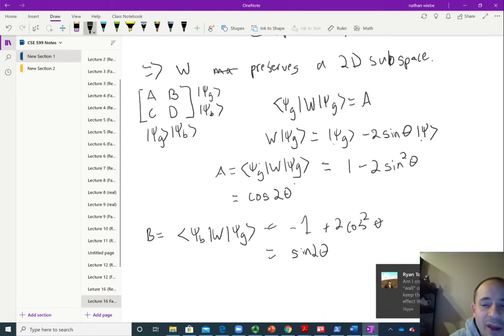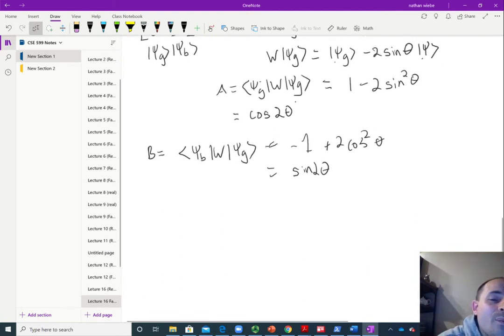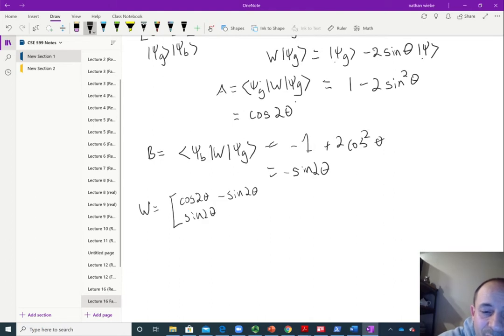Now, continuing this process throughout the rest of the matrix over here, what we end up with is the fact that the walk operator can actually be expressed as cosine 2 theta, minus sine 2 theta, sine 2 theta, cosine 2 theta, which is equal to e to the negative i y sine of 2 theta.